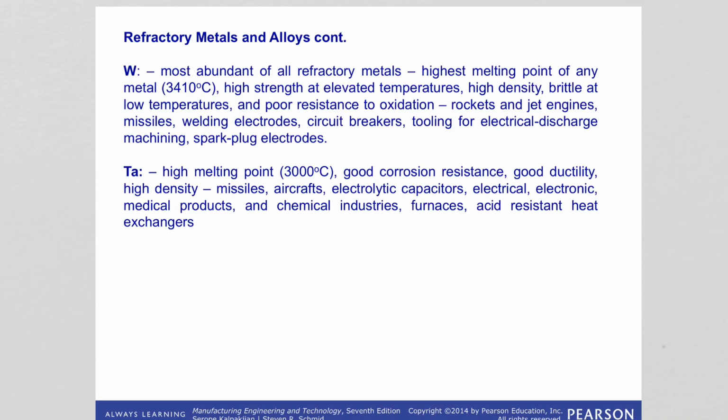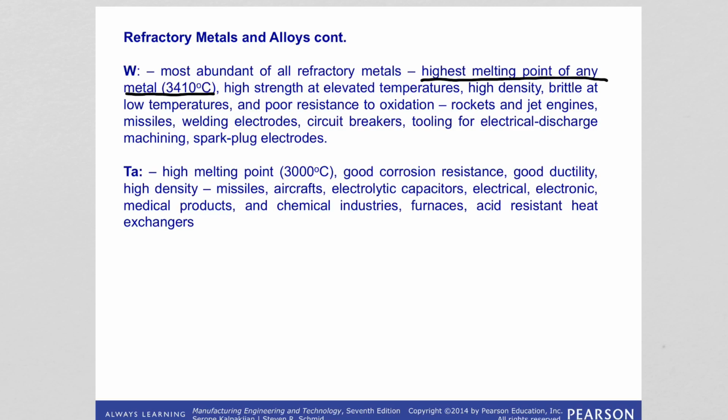Okay, next is tungsten. Tungsten is the most abundant of all refractory metals and has the highest melting point of any other metal in the periodic table. The temperature it can resist without melting is 2410 degrees C. It also has high strength at elevated temperatures, and high density, so this is something bad, right? High density, brittle at low temperatures, and poor resistance to oxidation.